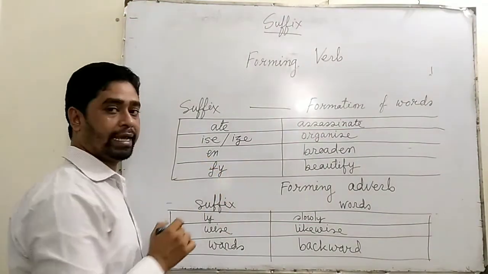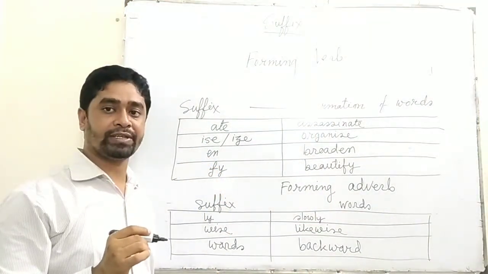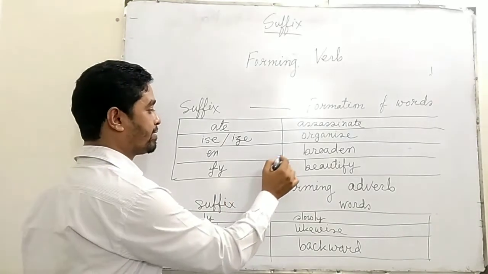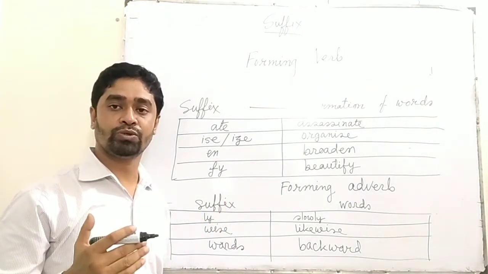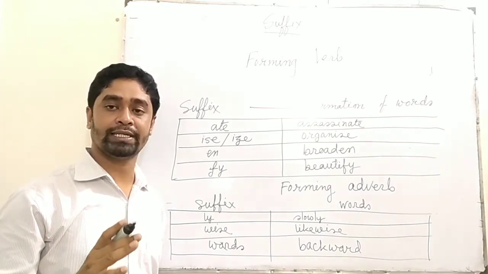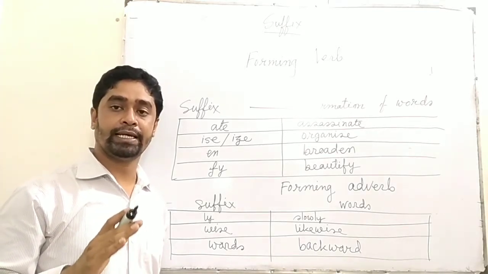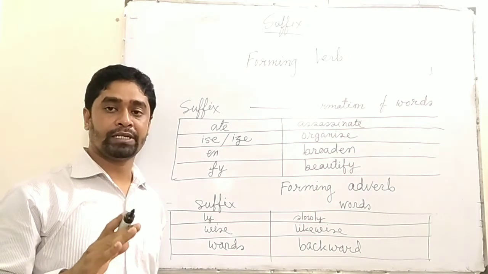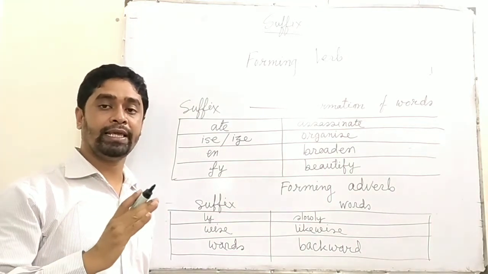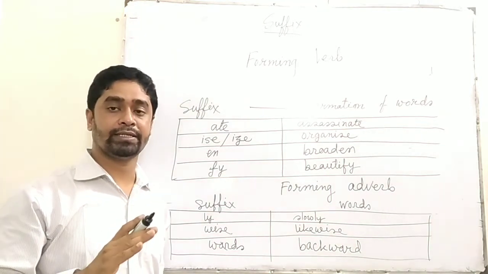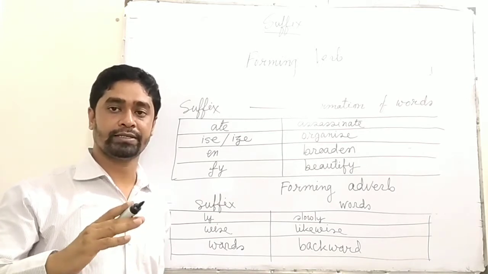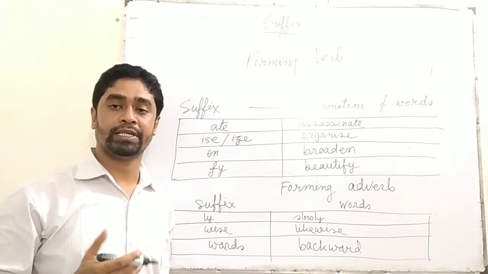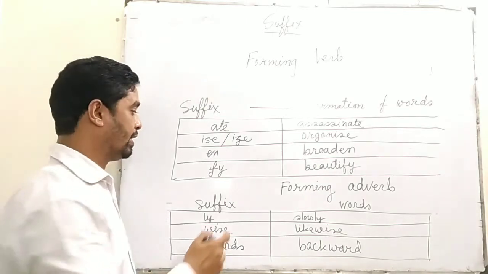Next, en. It is also a suffix. It has created a verb, that is broaden. In this word, the root word is broad. It is an adjective. But after adding en, it has changed its part of speech, and it has created a verb.